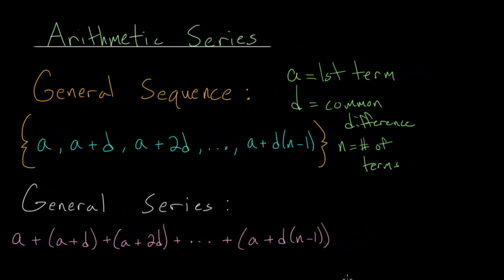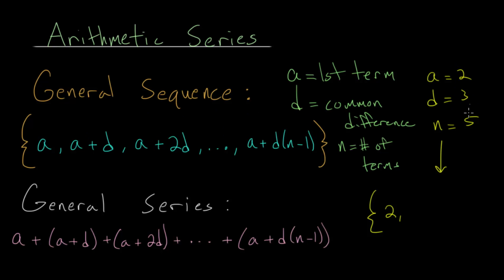So let me make a little bit of space here. Let's say, for example, that a is 2, our common difference d is 3, and we'll say n is 5. In that case, we would get a sequence starting at 2, that's our first term, and then every term after that we're just going to add 3 repeatedly.